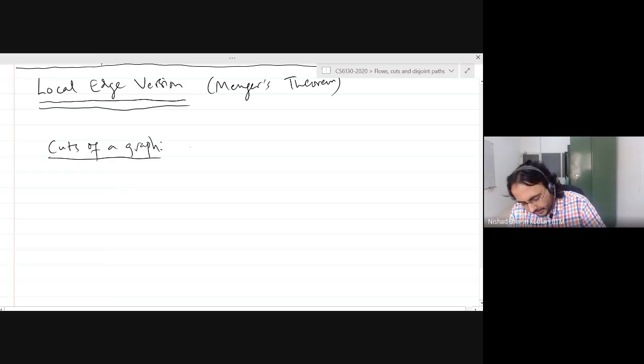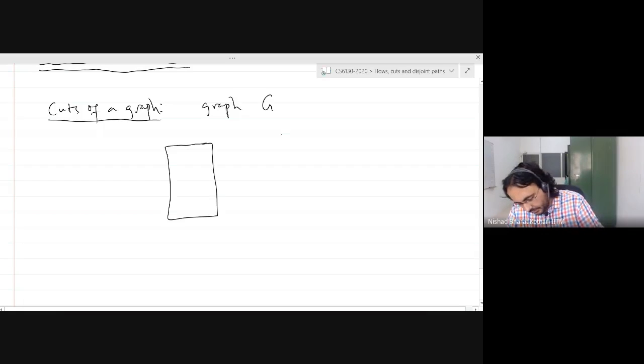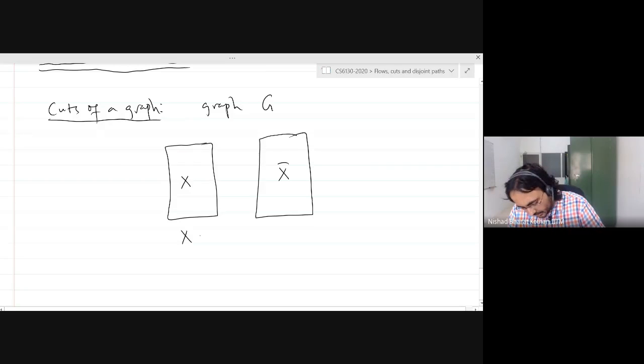So supposing you have any graph G, what you do is you partition the vertex set into two parts. So this is X and this is X complement. X is a subset of the vertices and X complement is exactly the complement set.